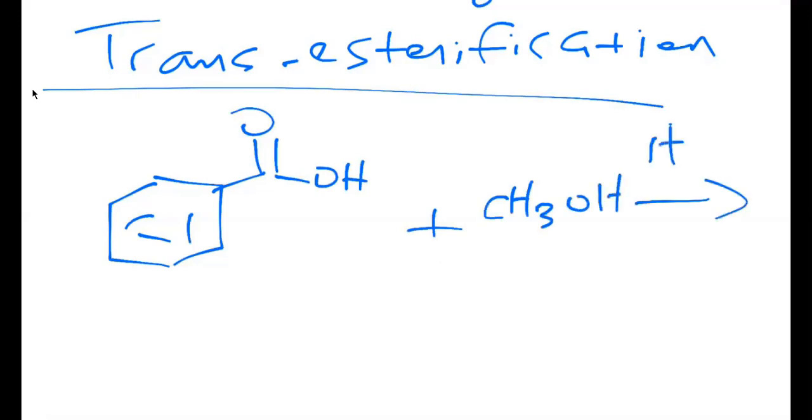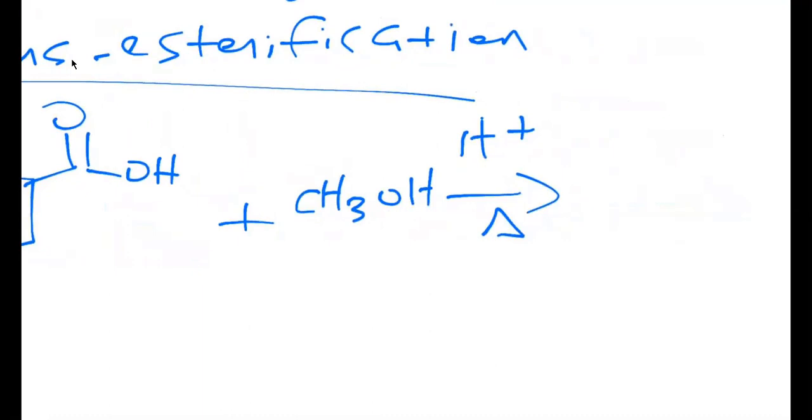We do it in the presence of an acid catalyst, some kind of weak acid, maybe HCl or acetic acid or something like that. My plus sign is still terrible. So some type of acid catalyst that's going to activate your carbonyl, and then heat it up. And so the outcome of that reaction is this. And then we're going to go back and explain how it happens.